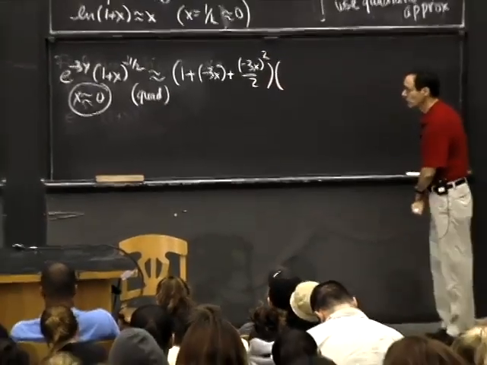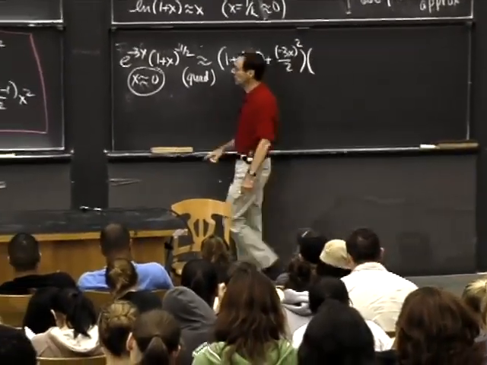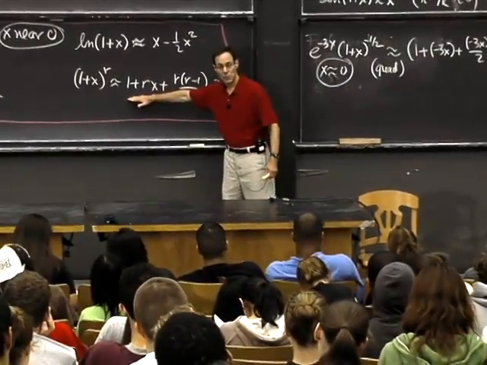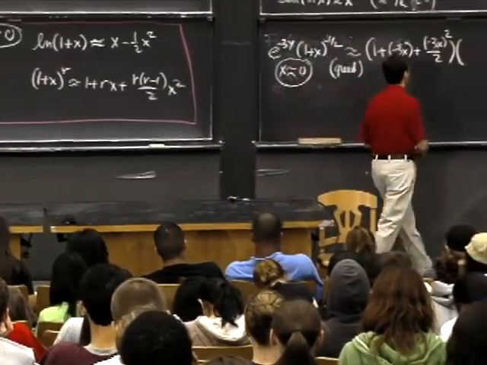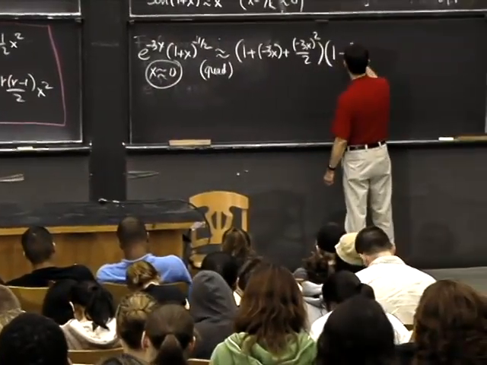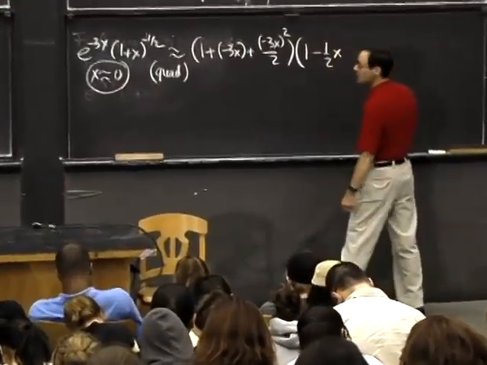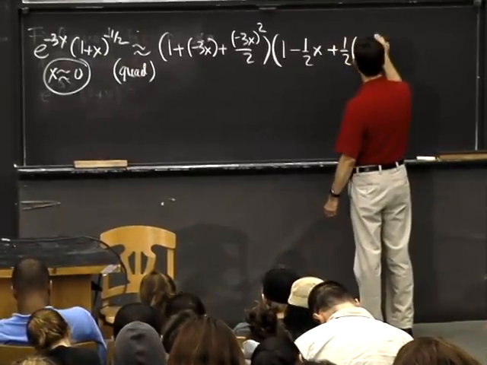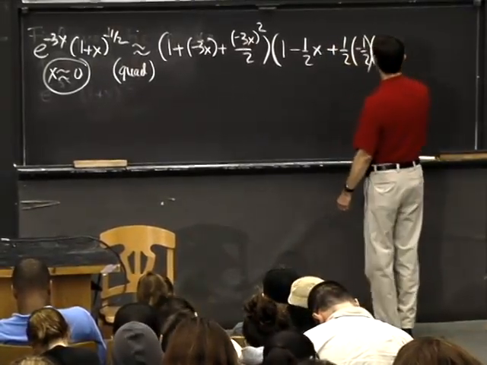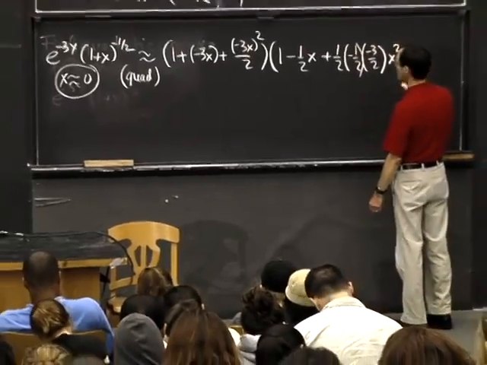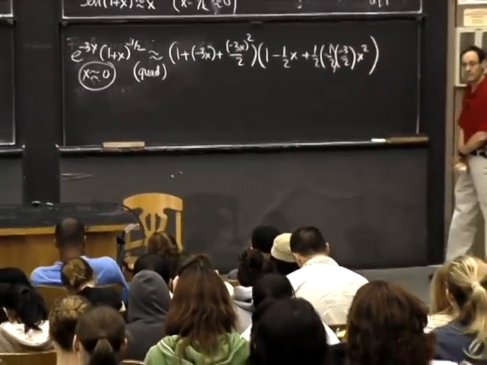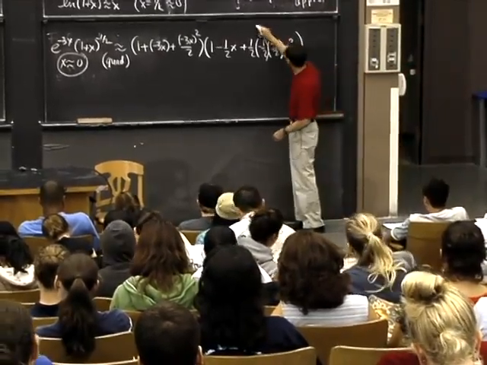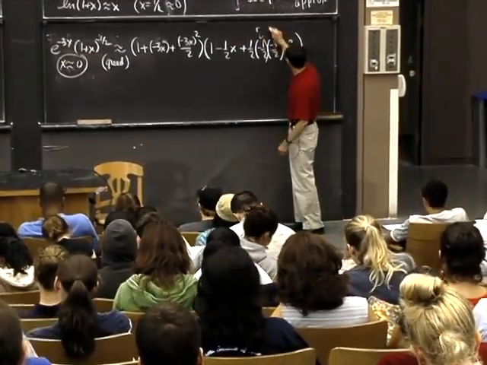For the other factor, I'm going to have to use this formula down here, because r is minus a half. And so that's 1 minus a half x plus a half times minus a half times minus 3 halves x squared. So this is the r term, and this is the r minus 1 term.